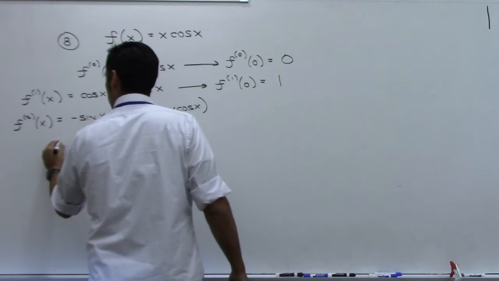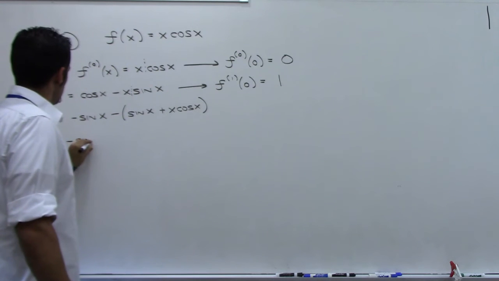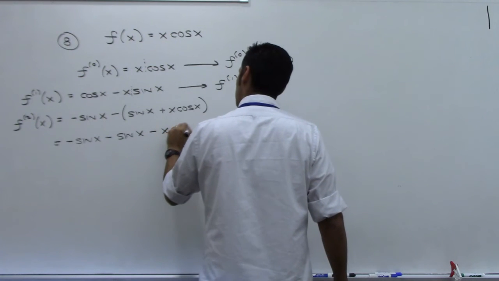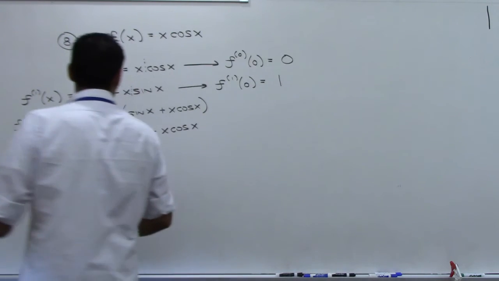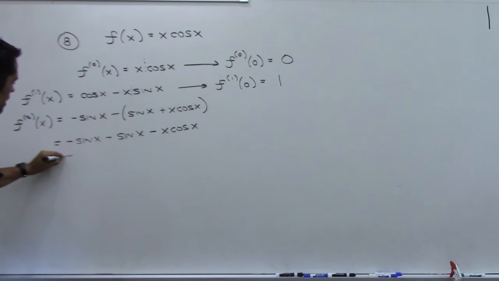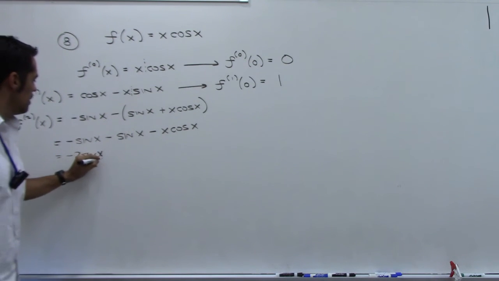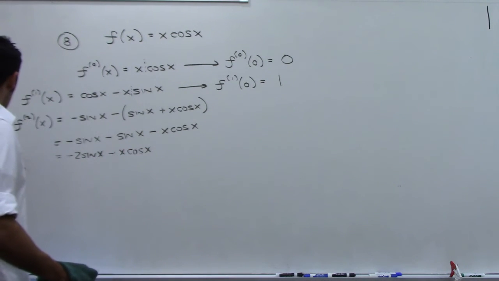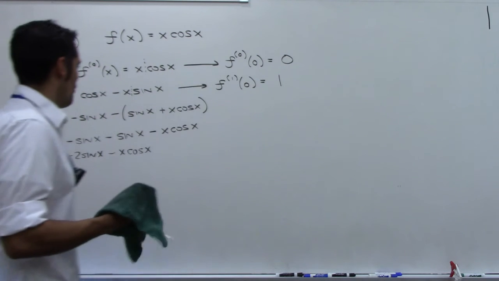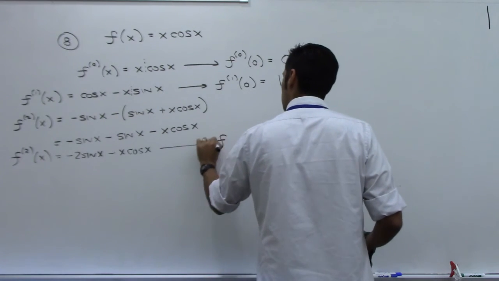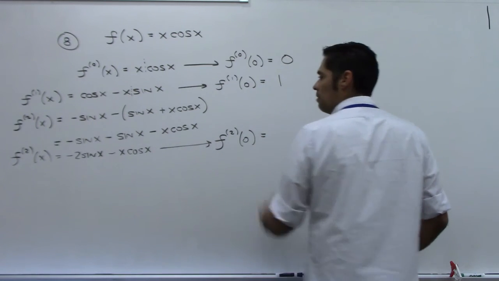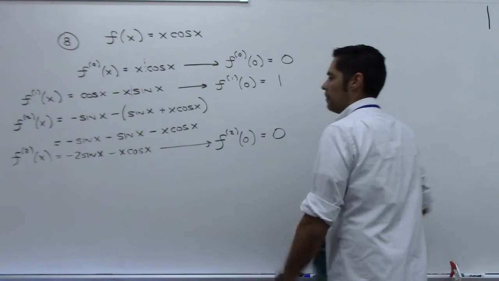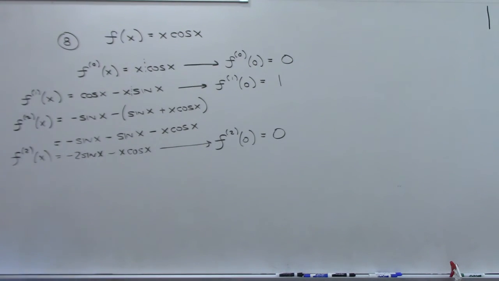And cleaning this up, I get negative sine x minus sine x again, minus x cosine x, which is going to turn into negative 2 sine x minus x cosine x. That's the second derivative. And now if I plug in 0, this is 0, and that's 0. So I get 0. Great. Yeah, that's the second derivative.